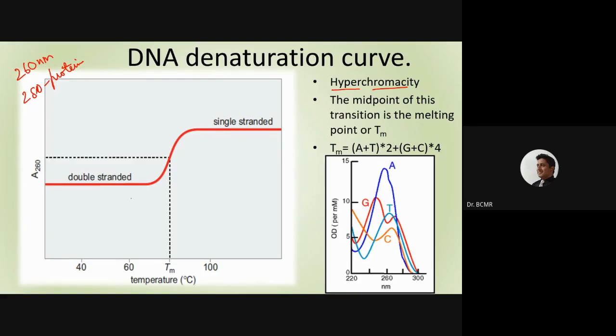That is the midpoint where you see somewhere here; that temperature is the melting temperature. Double-stranded DNA absorbs less compared to single-stranded DNA because, as we discussed earlier, in single strands the ring structures and the side groups are more free to absorb more of the light. That is why you have higher absorption by single-stranded DNA, and that is called hyperchromicity.